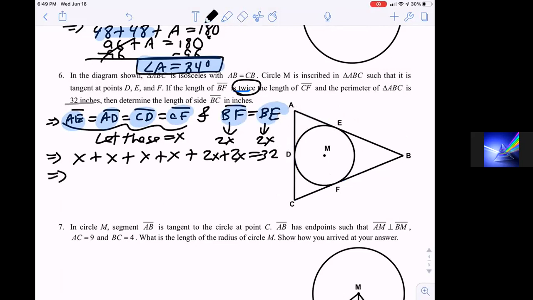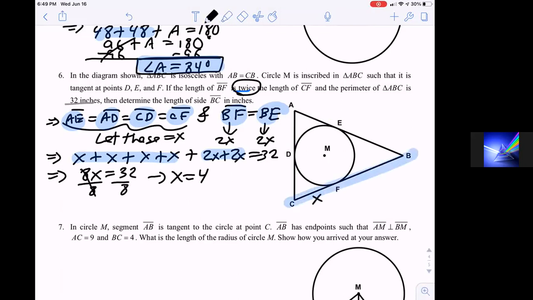Well, adding this up, we get 4x right here, plus 4x right here is, of course, a total of 8x, and that's equal to 32. We divide by 8, and x equals 4. So we have x equals 4, which now if you look at BC, BC is this entire length right here.